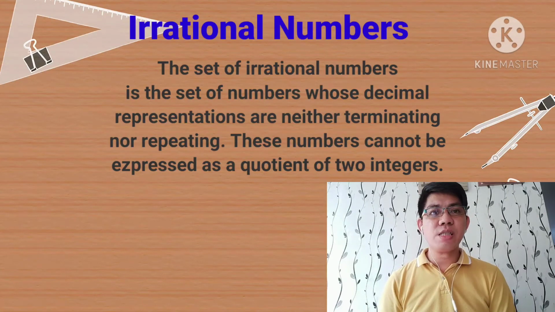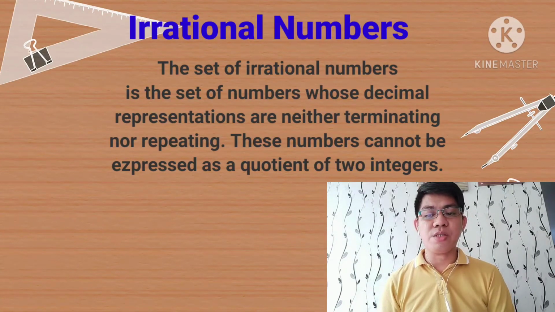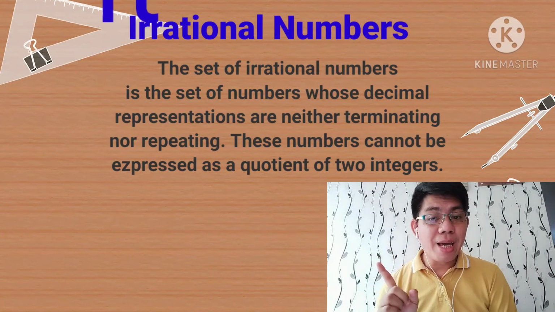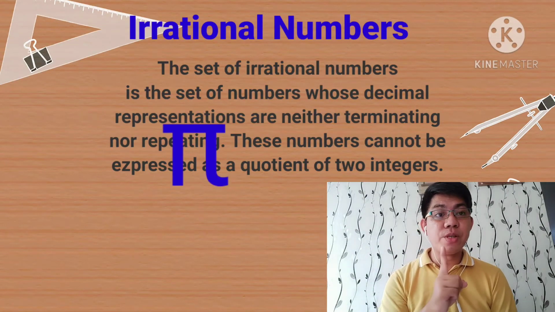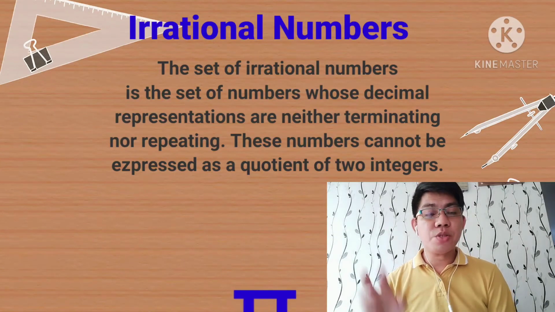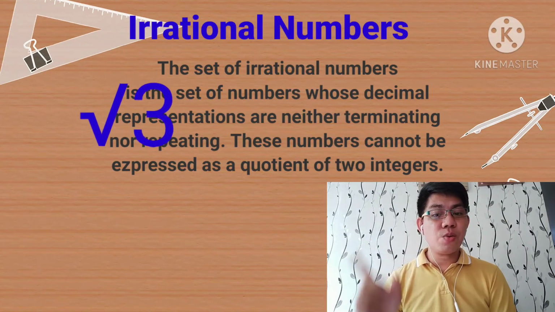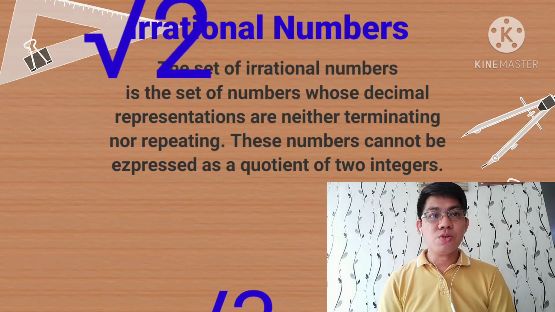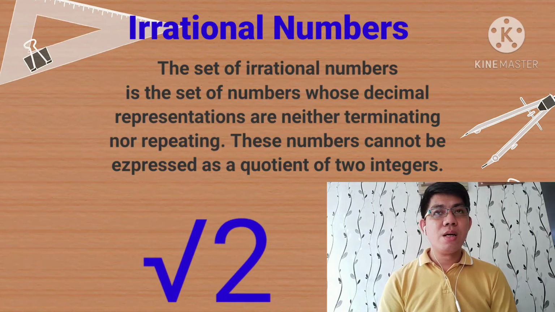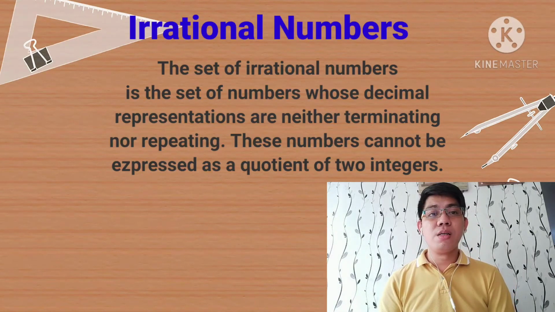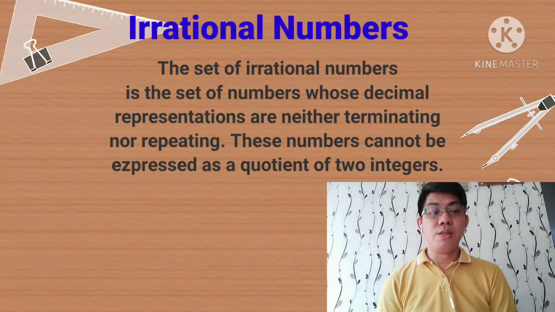Ano ba yung mga example natin ng irrational numbers? We have pi, which is equivalent to 3.1416 and so on. We have square root of 3 and square root of 2. Those numbers are examples of irrational numbers.